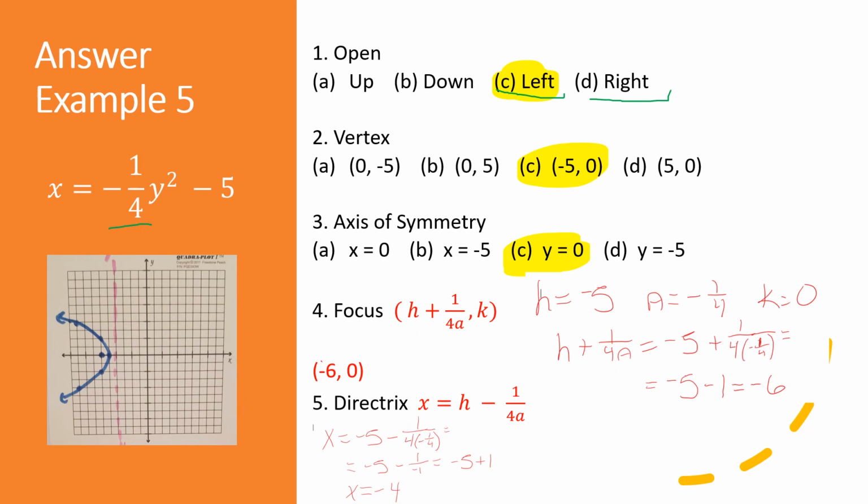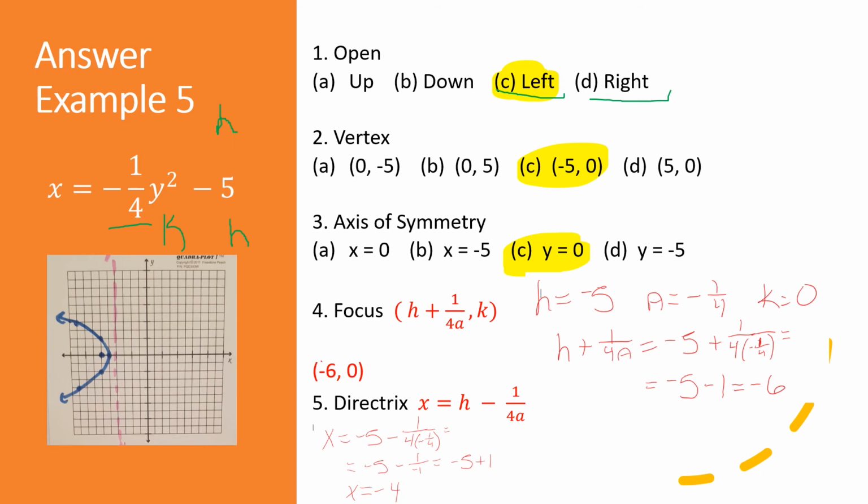And again, if it is y equals, it's k that's in the parentheses with the y, and then it's h on the outside. There's nothing in parentheses with the y, which indicates that k was 0. So that's the h, k from our vertex.